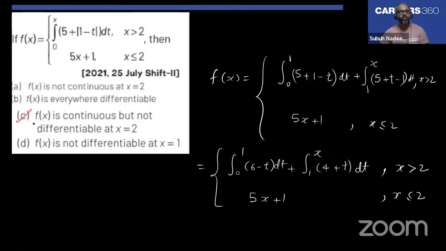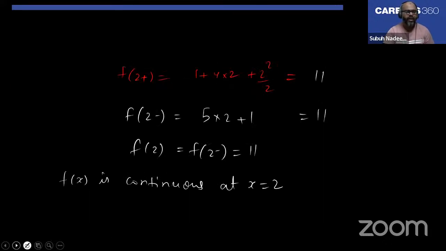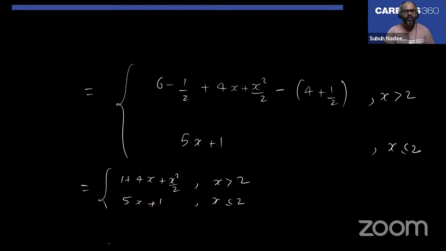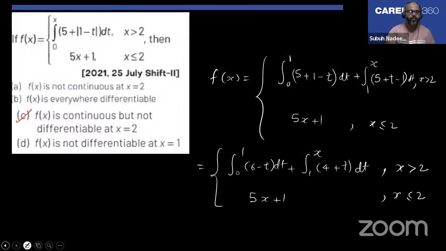That is, the function is continuous everywhere including 2 but not differentiable at x equal to 2. And f(x) is not differentiable at x equal to 1 is also wrong because at 1 there is only one definition, that is 5x plus 1 for x less than or equal to 2, and it is differentiable. It is a linear polynomial. So we say that our correct option is C.